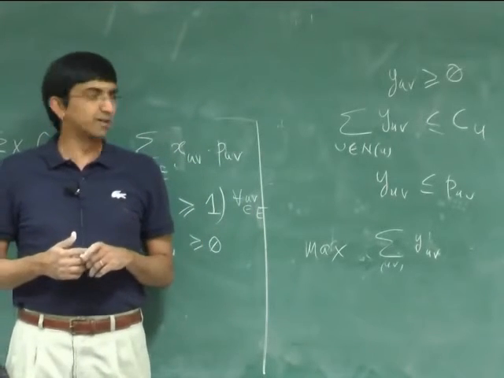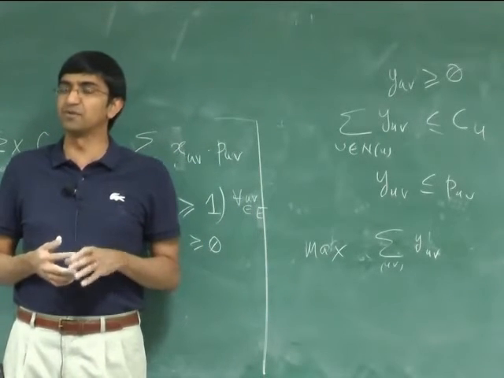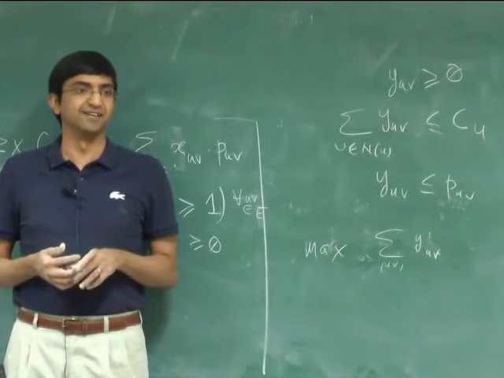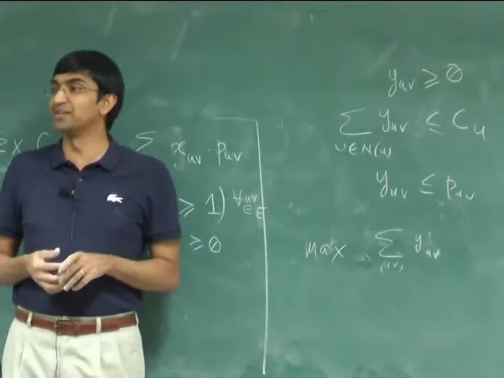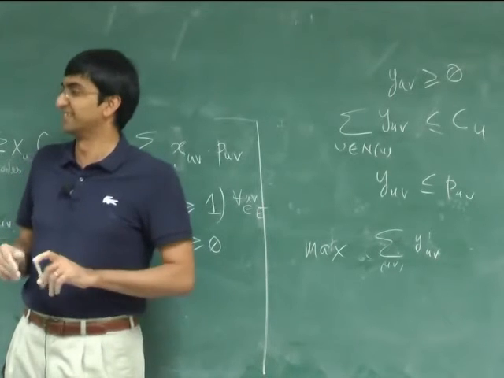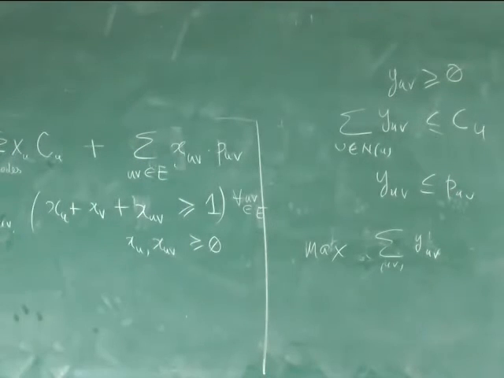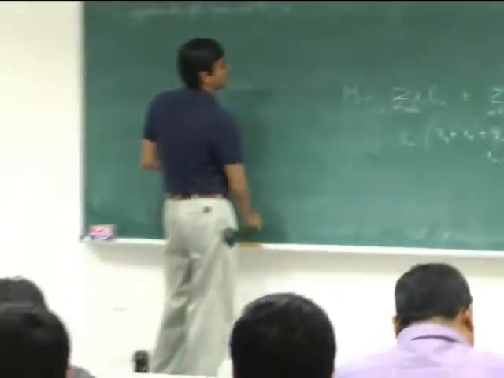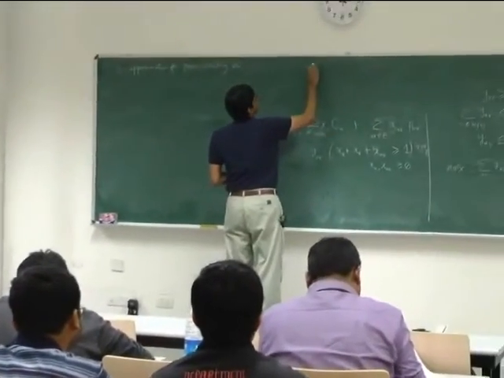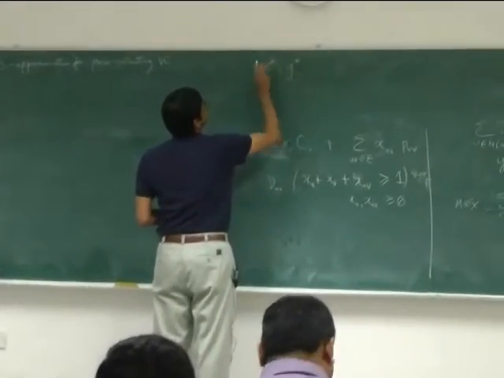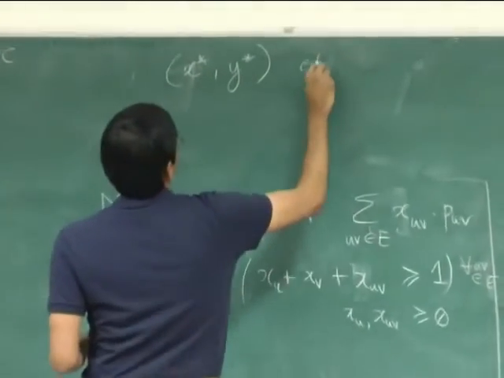Okay, all right, complementary slackness. Who wants to tell me what the complementary slackness conditions are? If I have a pair of primal and dual variables, it's actually quite easy. Suppose I gave you an X star and Y star, which are optimal.